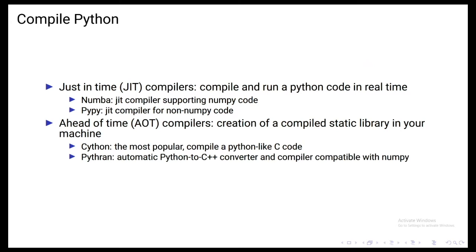It will automatically convert Python to C++ and then compile it, but it will also dump the C++ code for you, so you can use it for some kind of language transformation, then analyze that code, grab that C++ code and keep working on it. And it's compatible with NumPy.